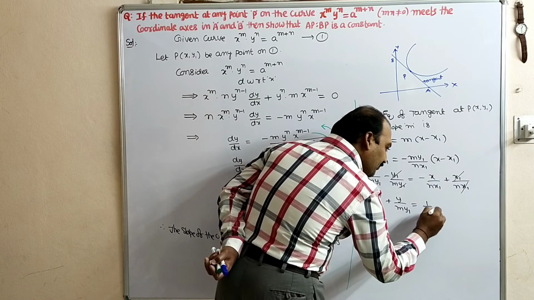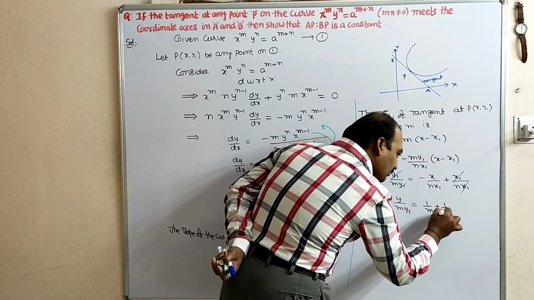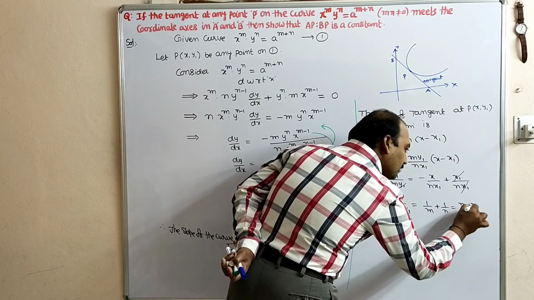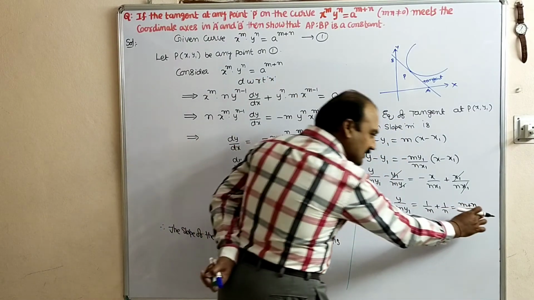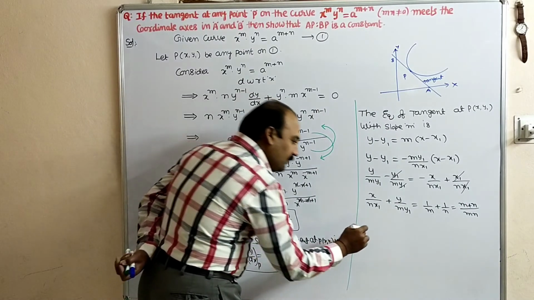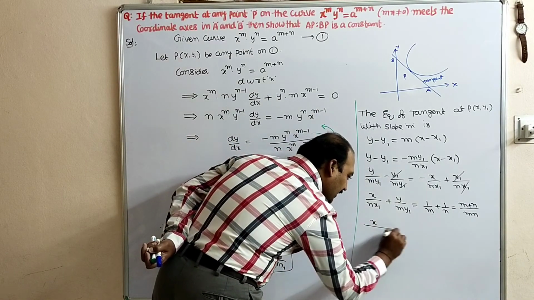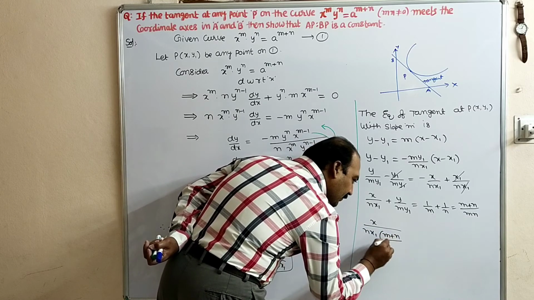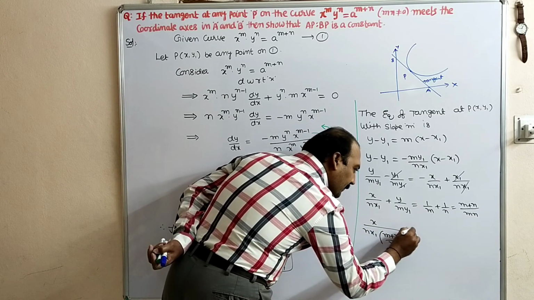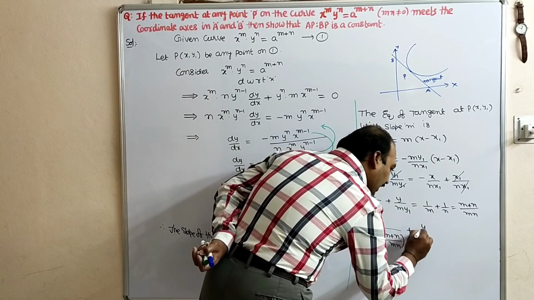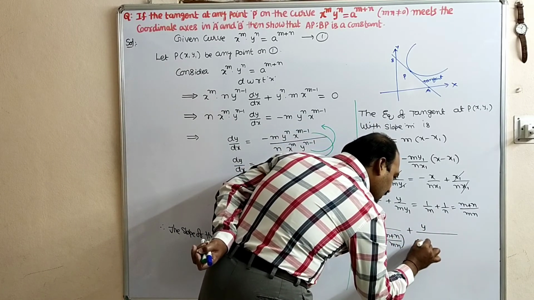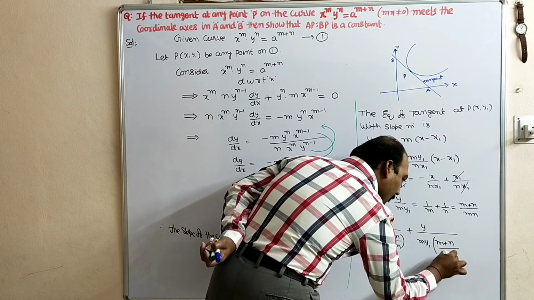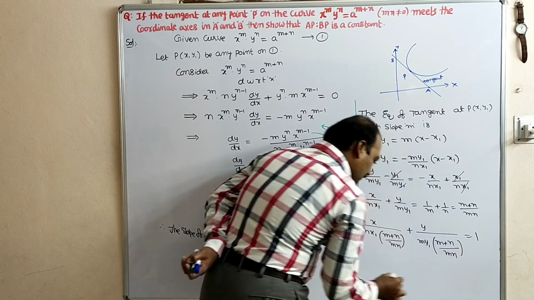Plus 1 by m plus already 1 by n is there. Taking LCM it will become m plus n by mn. So here m plus n by mn also we can take this side. X divided by nx1 into m plus n divided by mn plus y divided by m y1 into m plus n divided by mn is equal to 1.